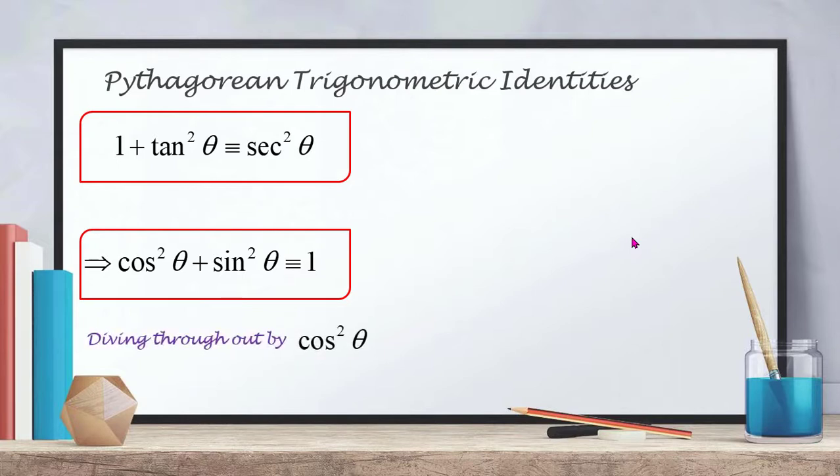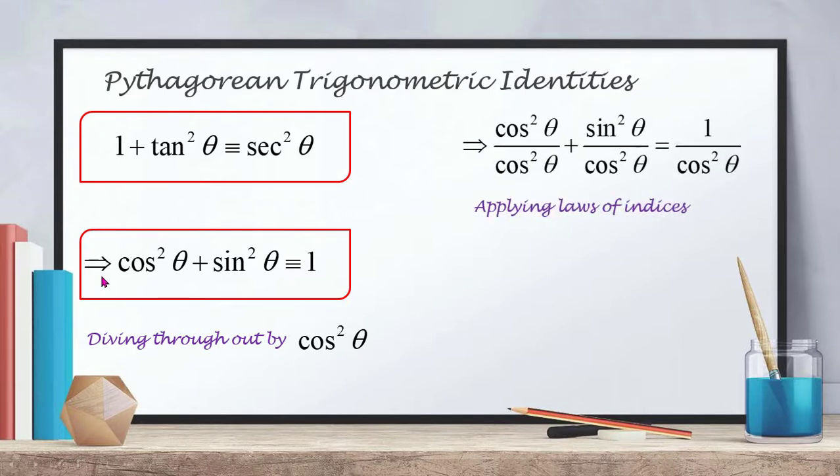So what we're going to do in this particular case is divide our first Pythagorean identity throughout by cos squared theta. So if we do that, cos squared theta divided by cos squared theta, we're going to have that. Then sine squared theta divided by cos squared theta, we will have that. Then 1 divided by cos squared theta, we're going to have this.